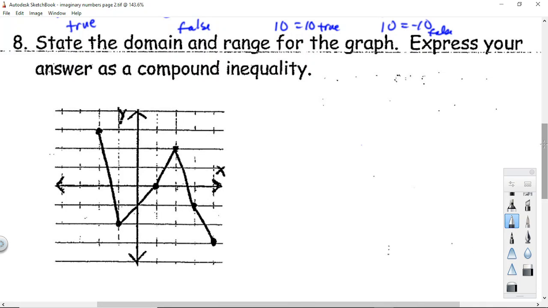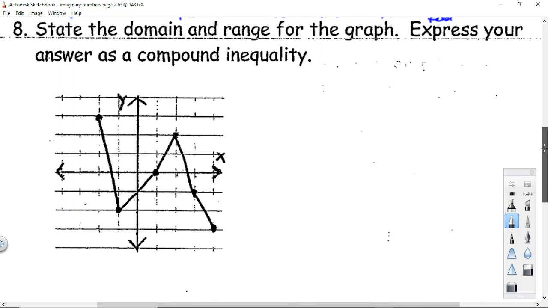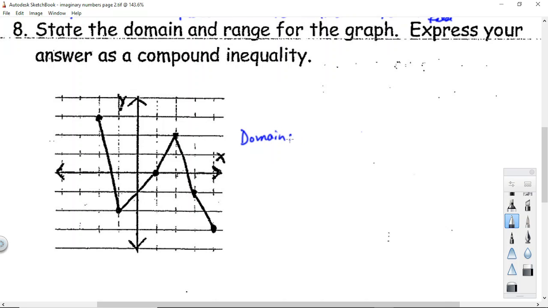Okay, this is another one of those domain and range with a graph. Express your answer as compound inequality. Okay, so for the domain, we're going to have a compound inequality that will show how far to the left x can be and how far to the right.